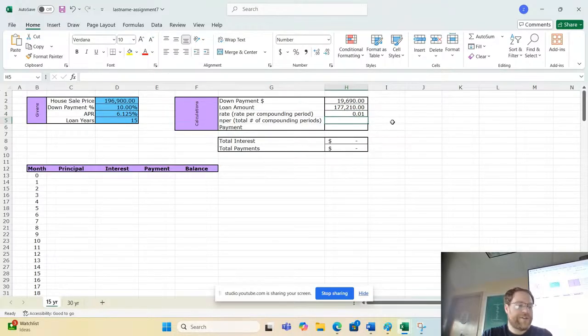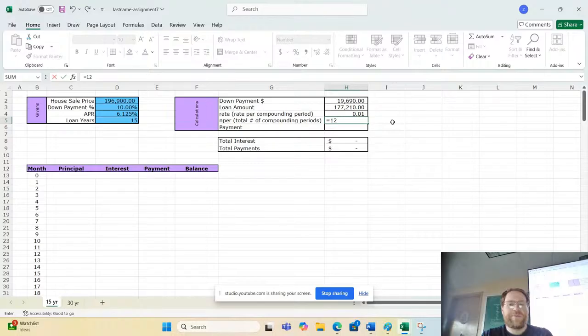Step 5, in H5, we can enter a formula to get the total number of compounding periods. 12 months in a year for 15 years. So equals 12 times 15.